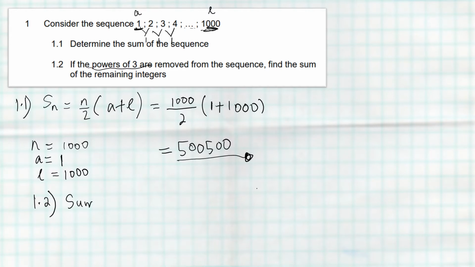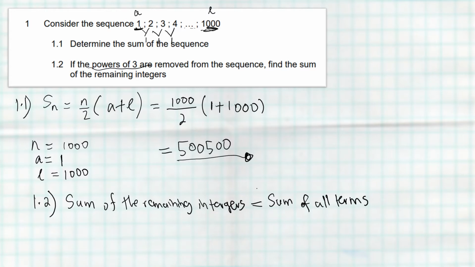To find the sum of the remaining integers, what we can do is get the sum of all terms, and we remove the sum of the powers of 3.